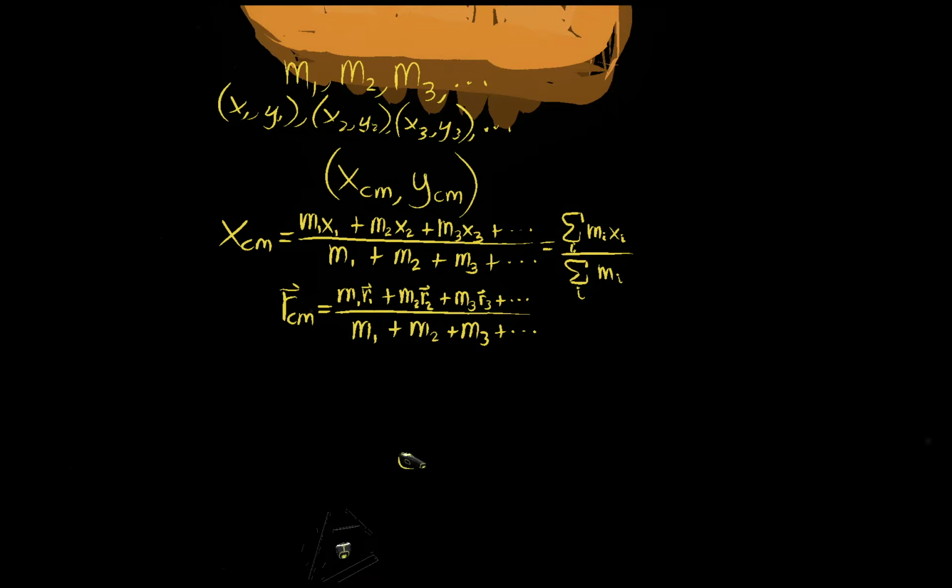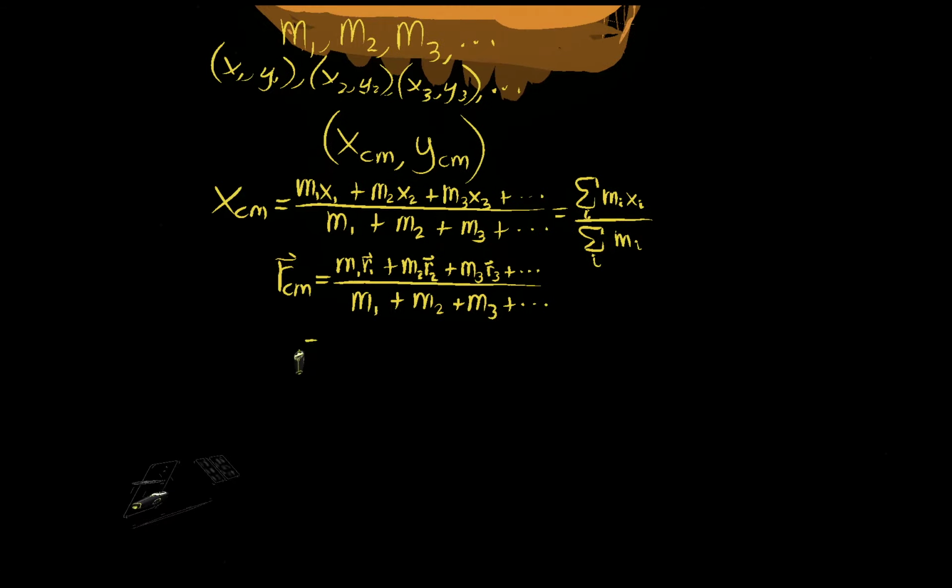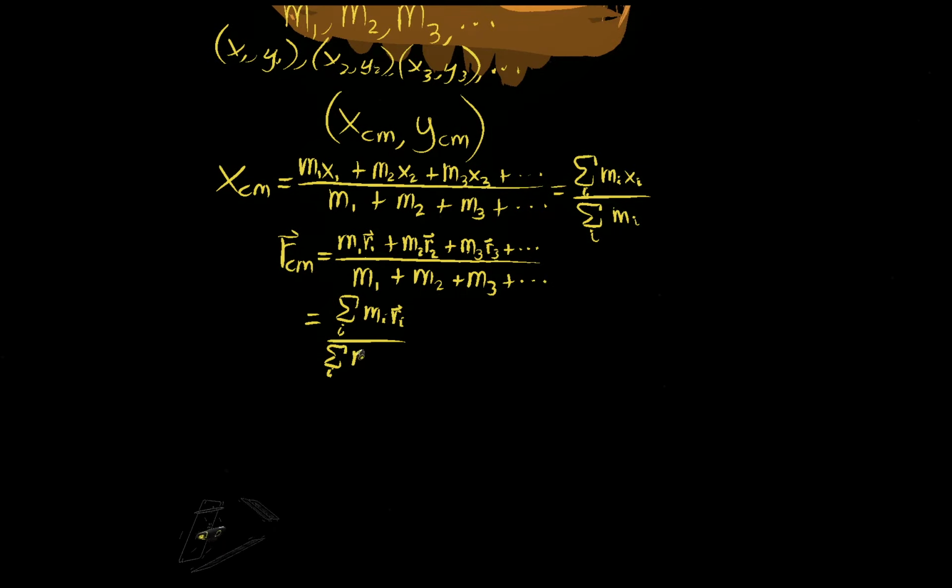Nothing changes down there. And in more compact form, this would be equal to the sum over i of mi r_i, the position vector i, over the sum over i, the number of particles there are, of mi. The center of mass is essentially the mass-weighted average position of the particles, in statistics terms.